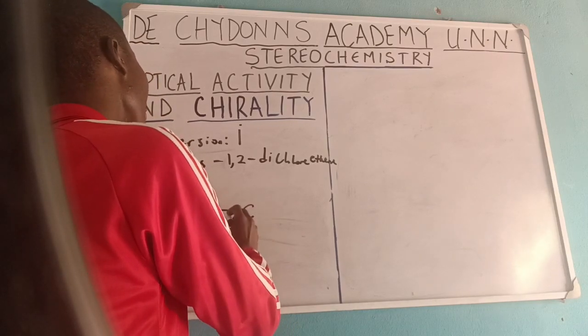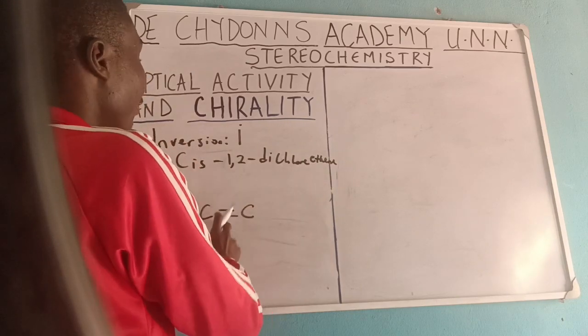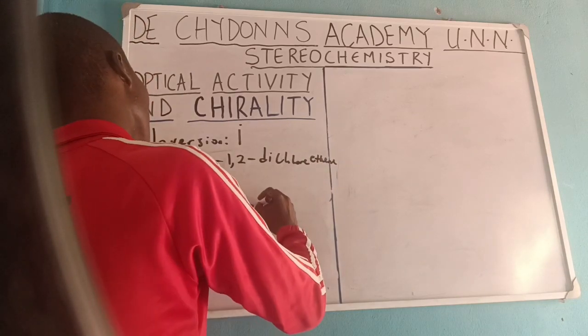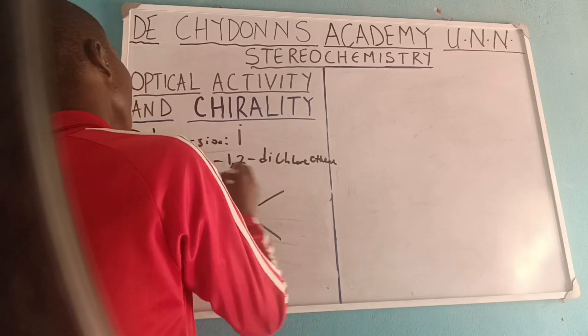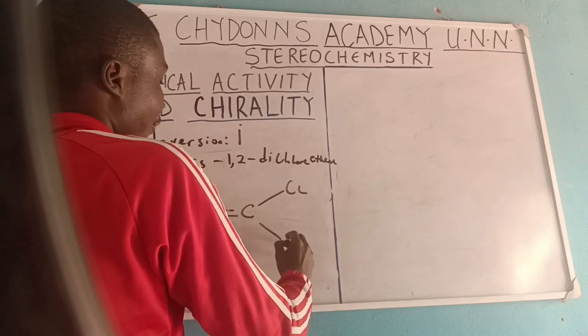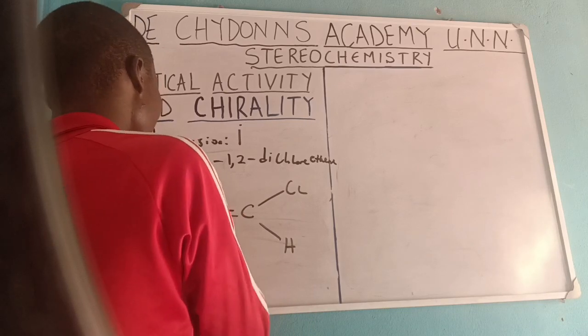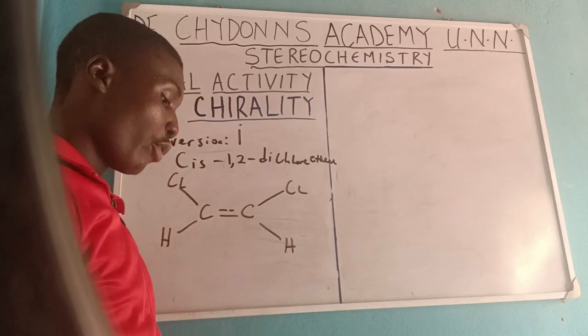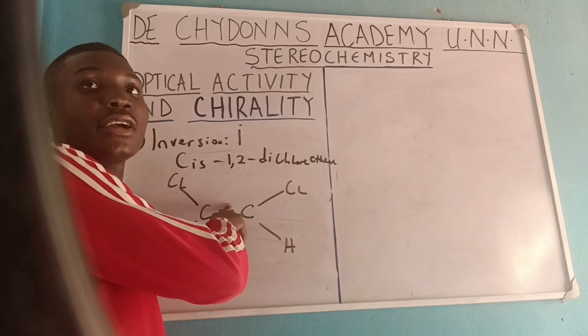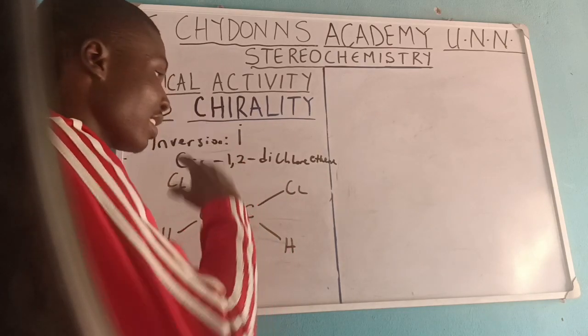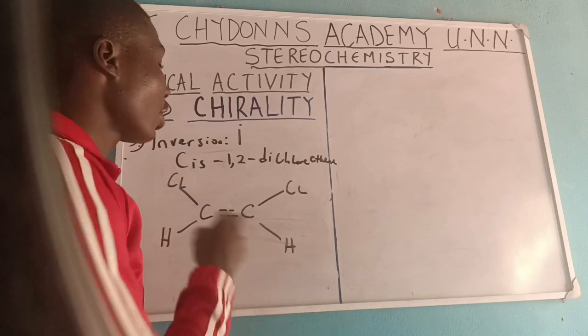So this is carbon. Since it's an ethene, we have a double bond. Then since it is cis, you have chlorine, you have chlorine, hydrogen, hydrogen. Now let's move. Obviously, the center we have here is at the center. So let's move each atom and see if it's going to have the same image on each side.